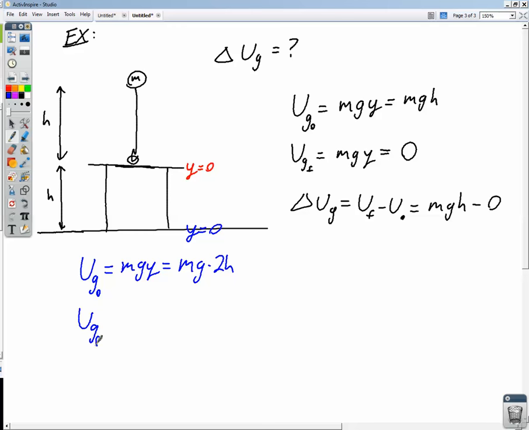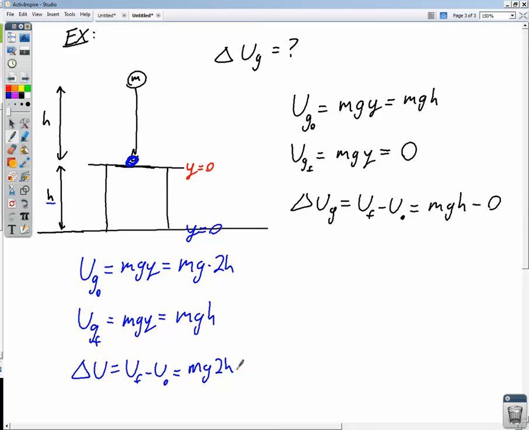The final gravitational potential is equal to mgy again. And this time, the ball's at the table now, so the height above the reference level is h. So we've got mgh. And to find the change in the gravitational potential, delta U is equal to U final minus U initial. And we've got mg times 2h minus, oh, sorry.